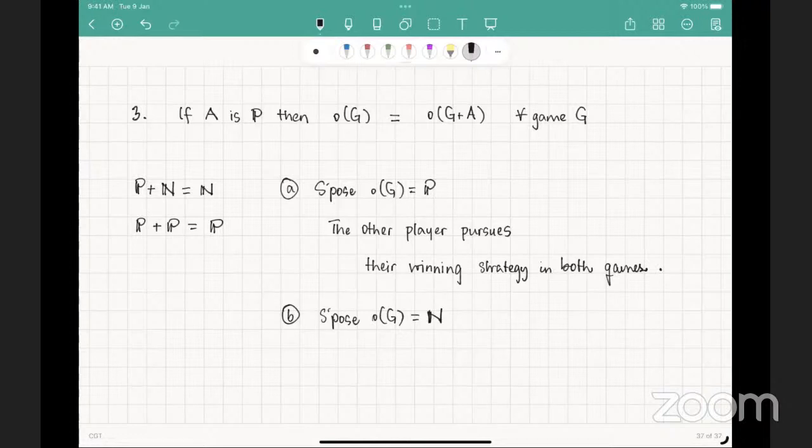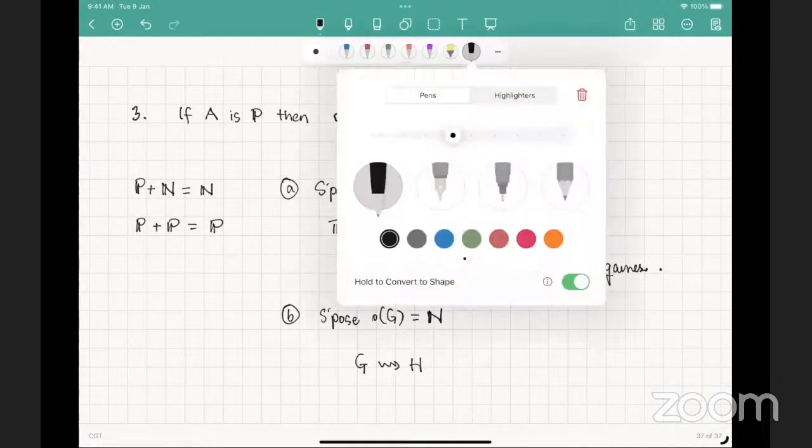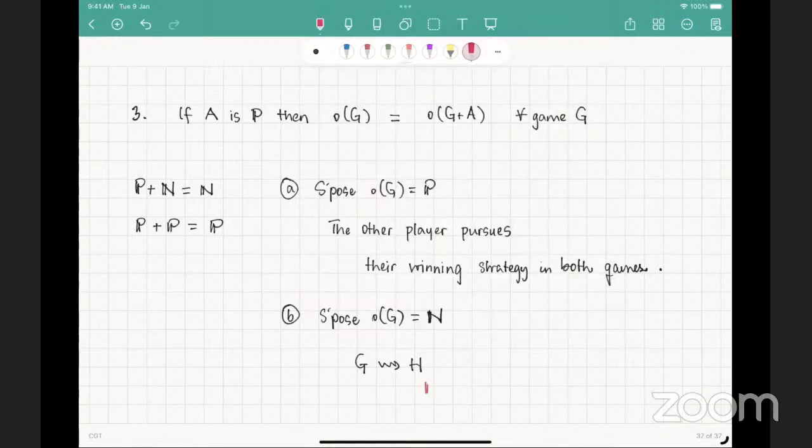So here, as a first player, I know that I have a move in G, which is going to transform G to another game H. And I know that H is going to be a P child. That's the meaning of G being N, but I have a P child.